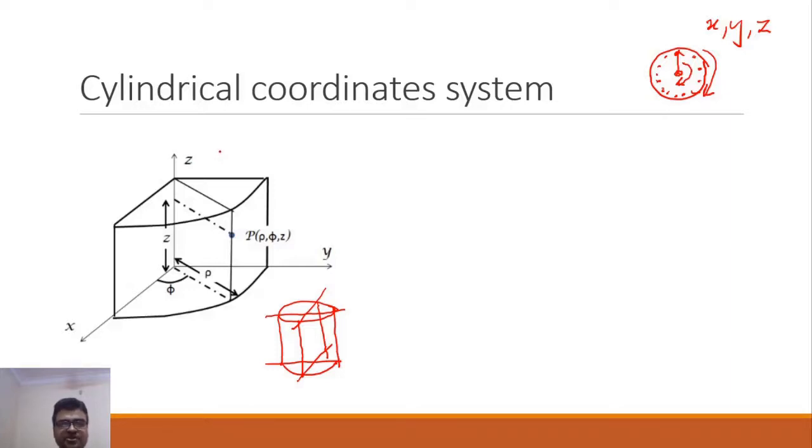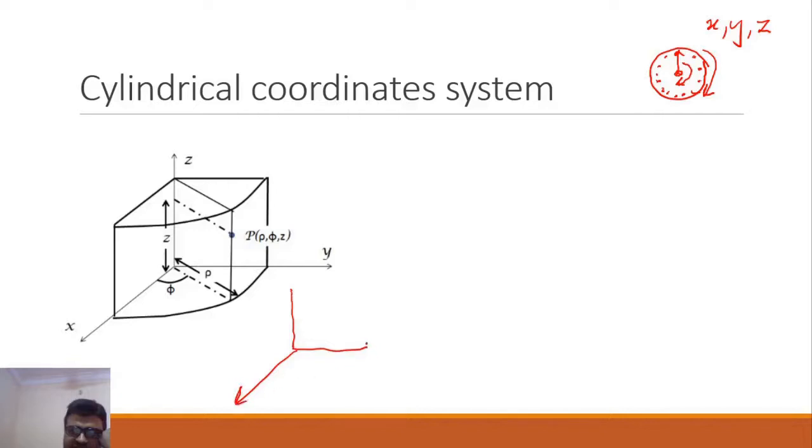For example, in the cylindrical coordinate system, if we want to locate a point, we have to understand what dimensions are present to make a cylinder. Our reference will always be x, y and z, but in the cylindrical coordinate system, the first thing is the radius, and this radius is denoted by rho.